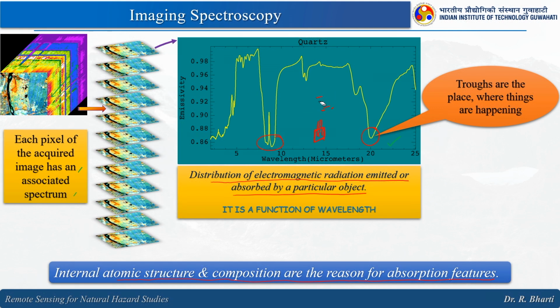So here it depends upon the material's composition and the internal atomic structure, how they will behave and how they will provide you the characteristic absorption features, and that we are able to utilize to characterize them. So troughs are the places where things are happening.